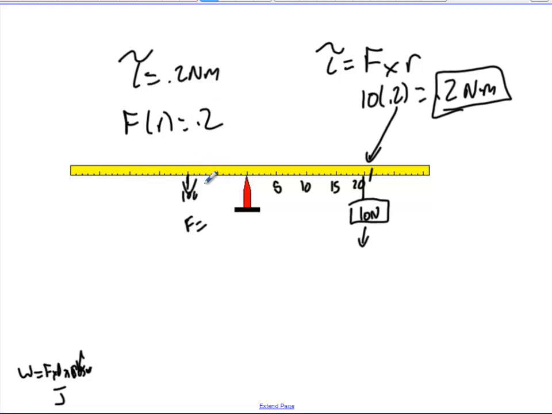Since my lever arm is only 10 centimeters, I have F times 0.1 meters equals 2, and I can divide both sides and I get a force of 20 newtons. So just like we expected, since we've got half as much lever arm over here, we need twice as much force for the torques to balance. Hopefully this is just a verification of what you saw in lab.